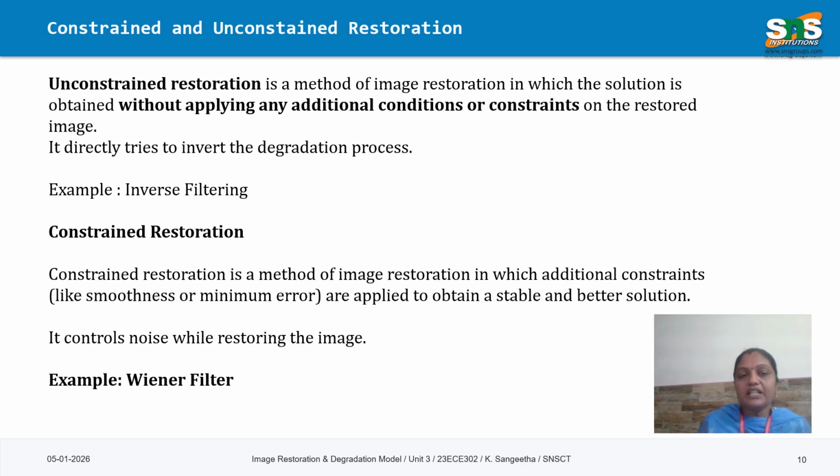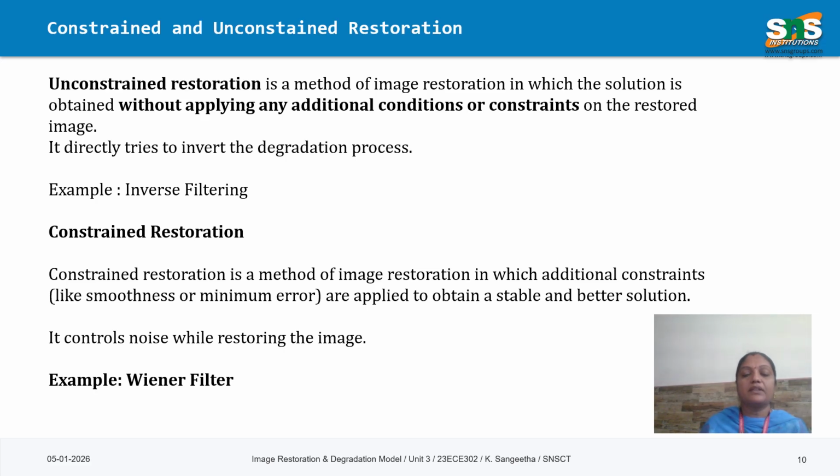The difference between constrained and unconstrained restoration is that unconstrained restoration is a method in which the solution is obtained without applying any additional conditions or constraints on the restored image. Example, inverse filtering. Constrained restoration is a method in which additional constraints like smoothness and minimum error are applied to obtain a stable and better solution.